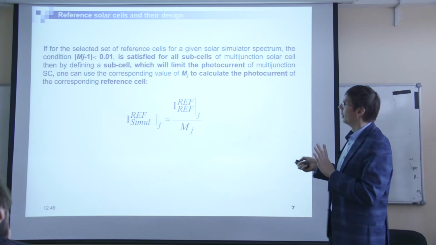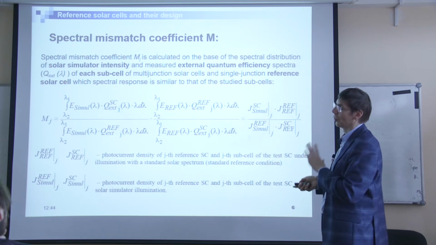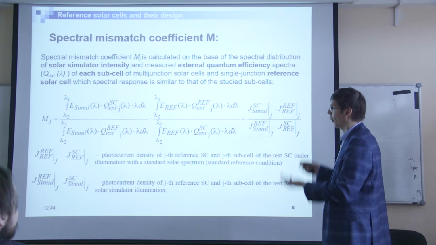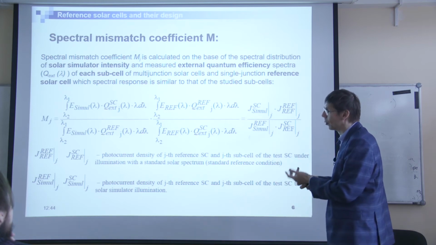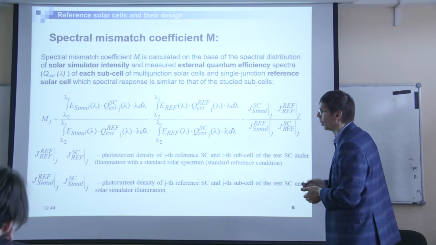Actually, first of all, you have to calculate this coefficient for each junction. As I told you, if you have only one cell, it's only one junction. If you have two junctions, you have to calculate two coefficients.